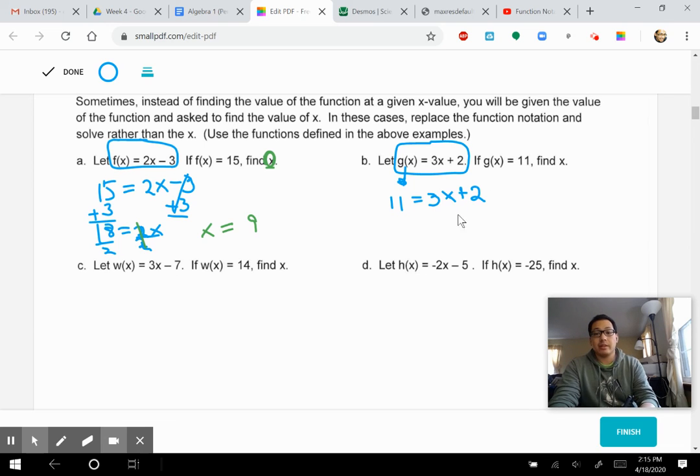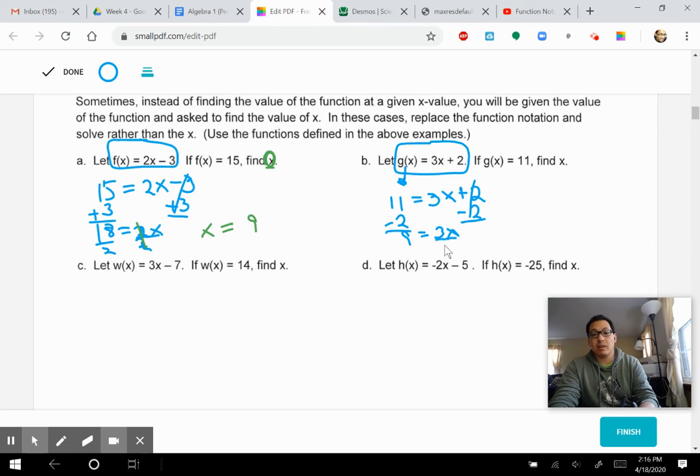So how do we solve this for x? Well, let's get rid of plus 2. We have to subtract 2 on both sides. This cancels that out. We get 11 minus 2 is 9 equals 3x. And how do we get rid of the 3 in front?